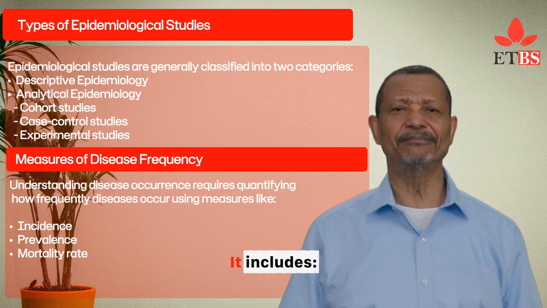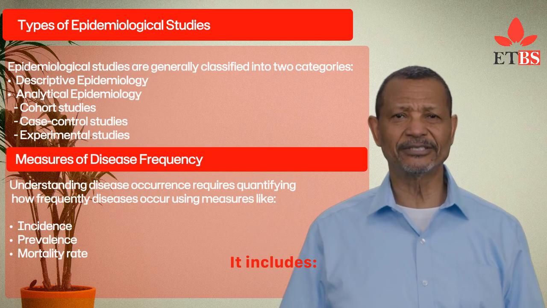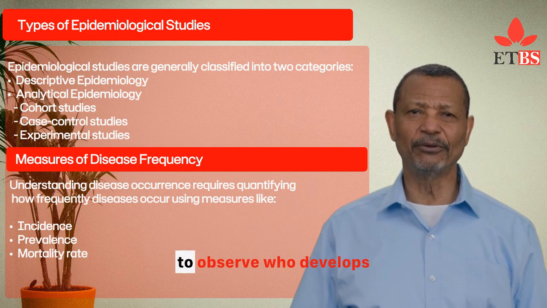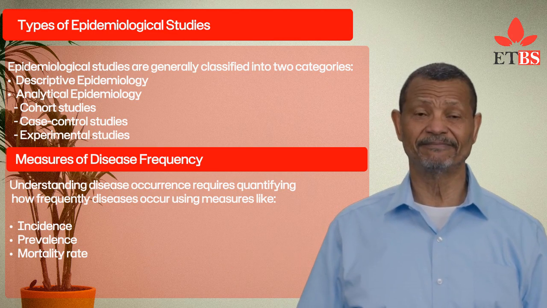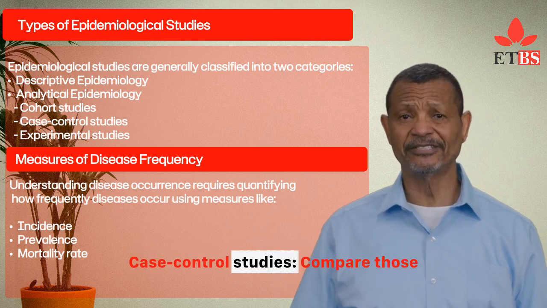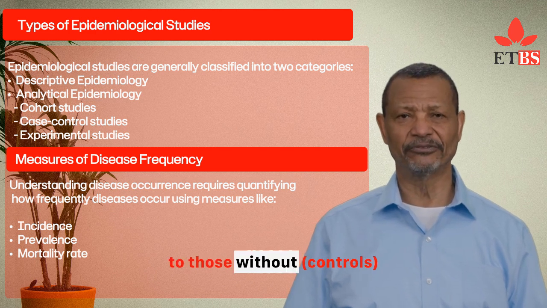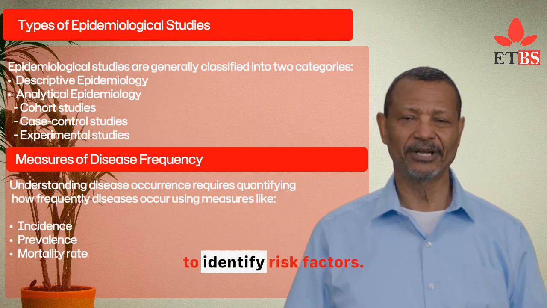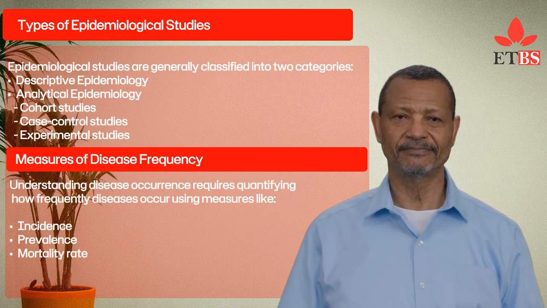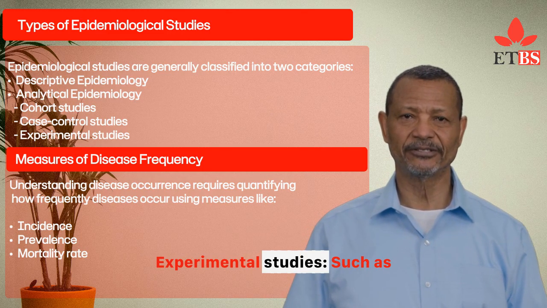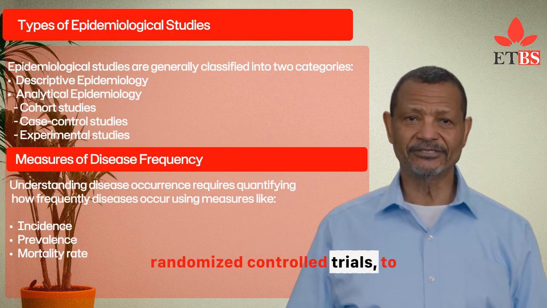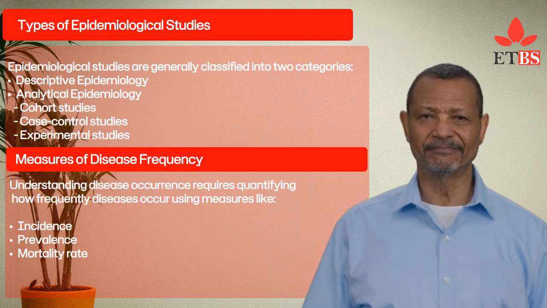It includes cohort studies, which follow groups over time to observe who develops the disease. Case-control studies compare those with the disease (cases) to those without (controls) to identify risk factors. Experimental studies, such as randomized controlled trials, test interventions.